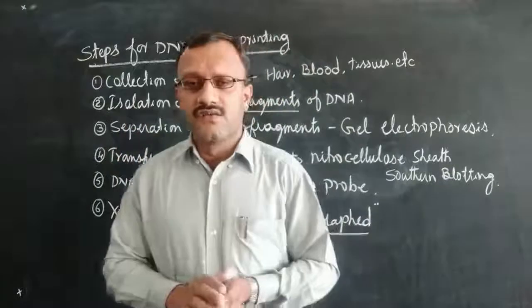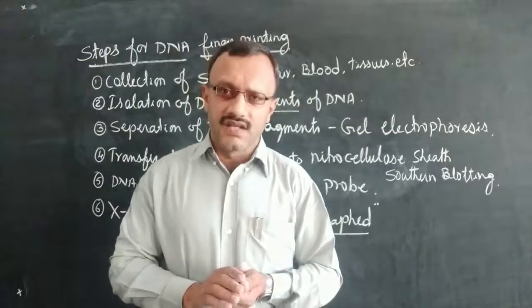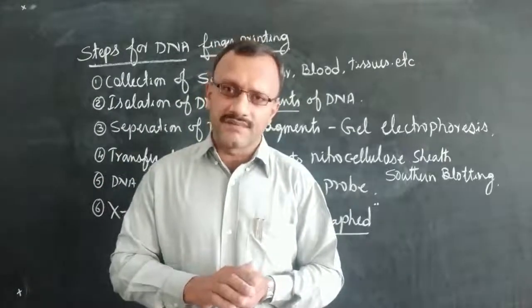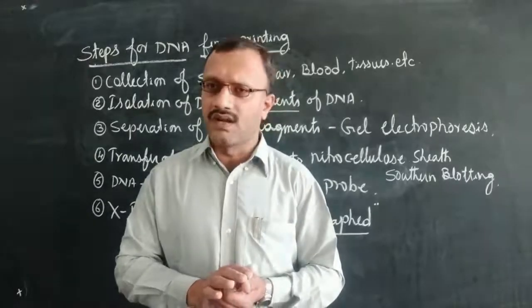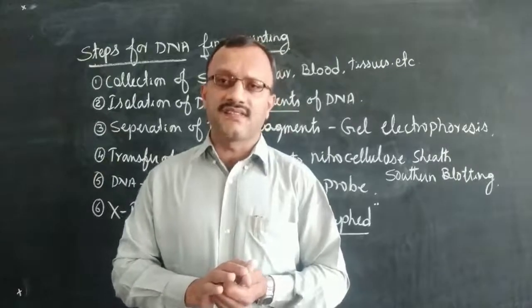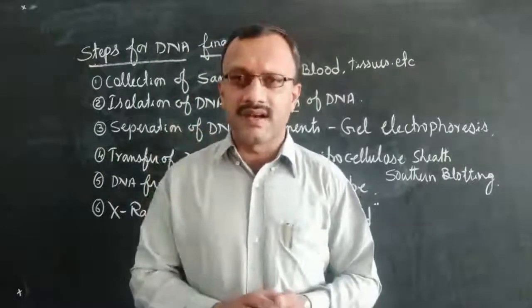With this, we have come to the end of this chapter, called molecular basis of inheritance. This chapter deals with the genetic material, DNA or RNA, and a number of activities related to it, and how metabolism is regulated by DNA.